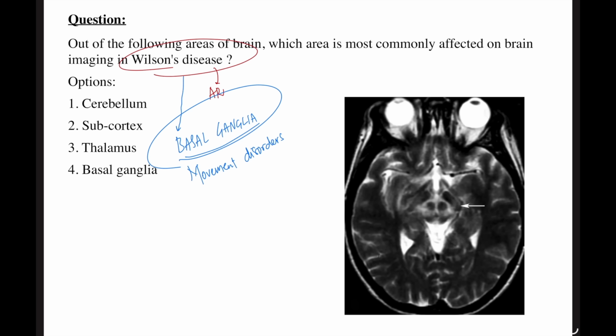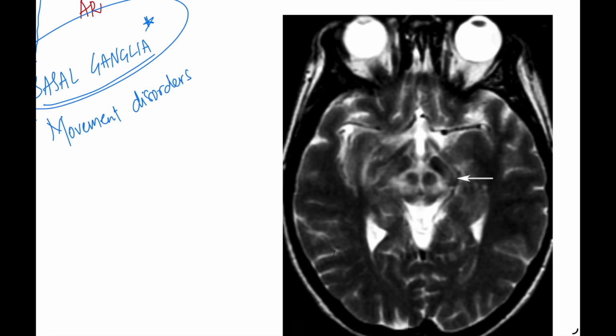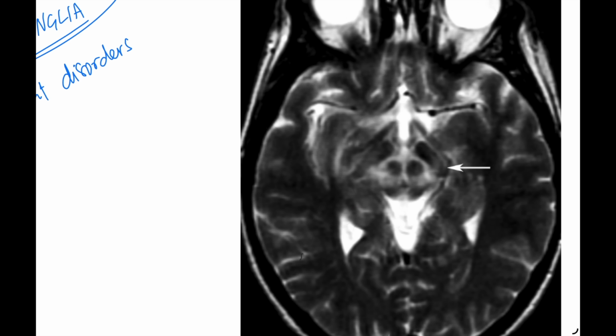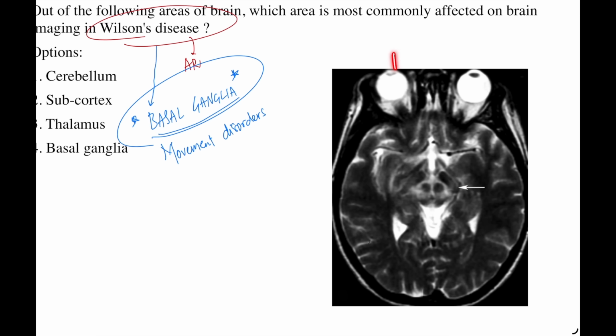If there is a problem with the basal ganglia, if there is copper deposition in the basal ganglia, that is visualized in the T2 FLAIR MRI as the panda sign. See this? So this panda sign in MRI is characteristic of Wilson disease, and it is seen near the basal ganglia.